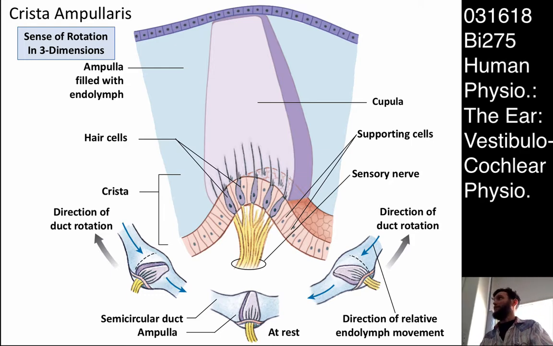At the base of these semicircular canals is this Crista Ocularis. What it's made of is this ampulla. If we look at a semicircular canal, it would continue this way, but then go into this region like this.